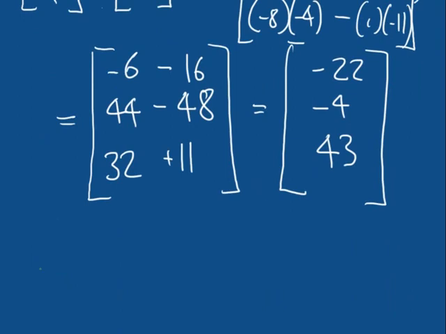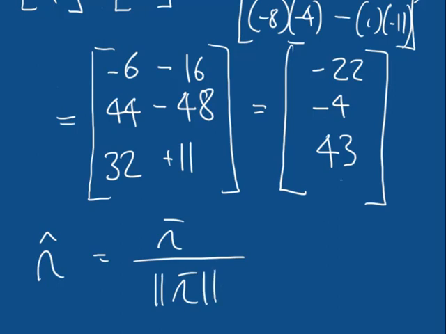So if I was to call my normal vector n, the normalized version of n is equal to n over the length of n. So if this is n, we want to divide it by its length to get that unit vector version of our normal vector.